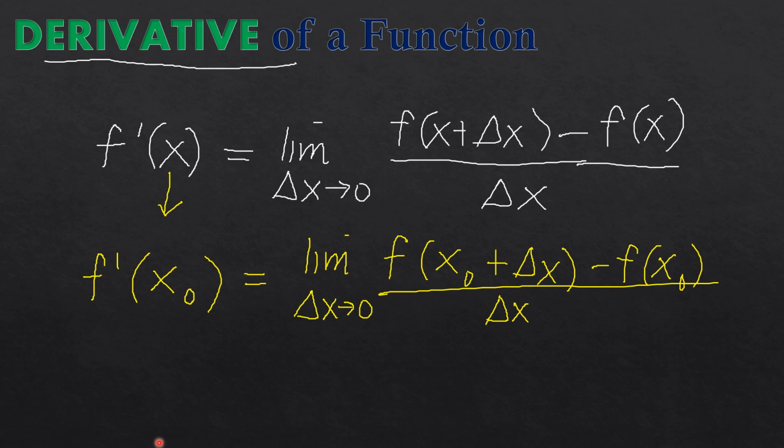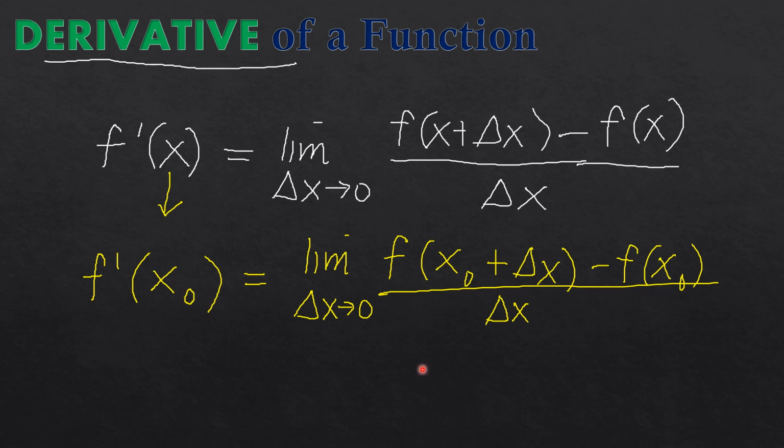So what is the difference of these two? The first illustration of limit represents the general expression. We call that a derivative. Now the second, in yellow, is still a derivative of a function, but at a specific value of x. That is why we have here x sub 0.